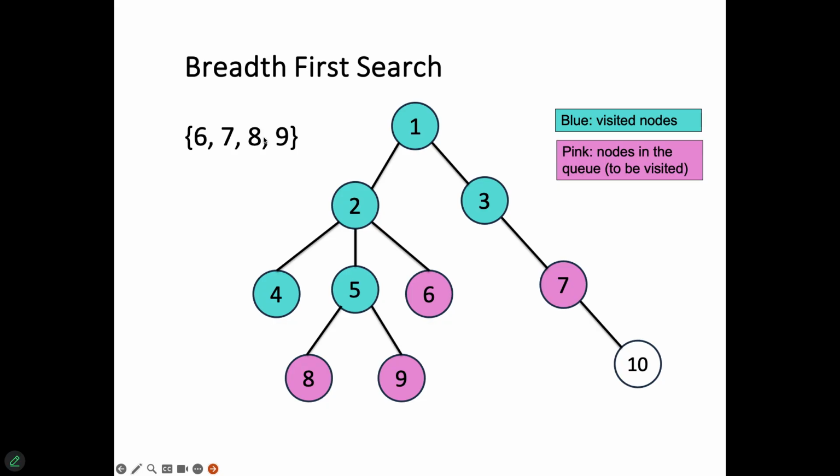Now, what are the nodes on the frontier right now at this step? That is, which nodes are going to be visited next? What are the nodes in the queue? Anyone?